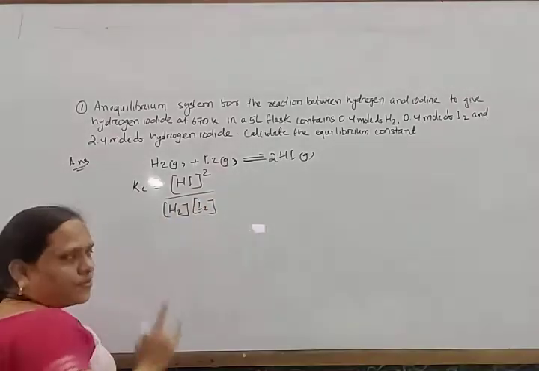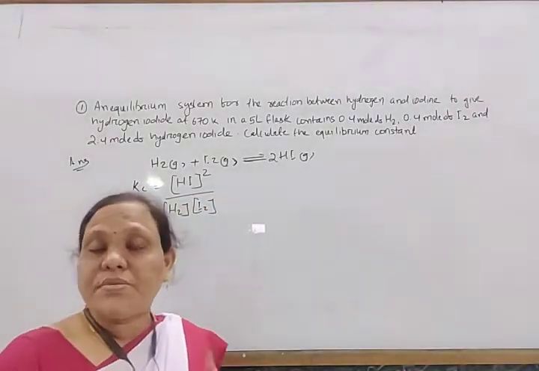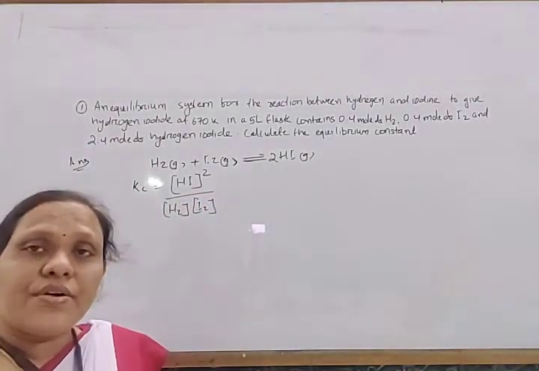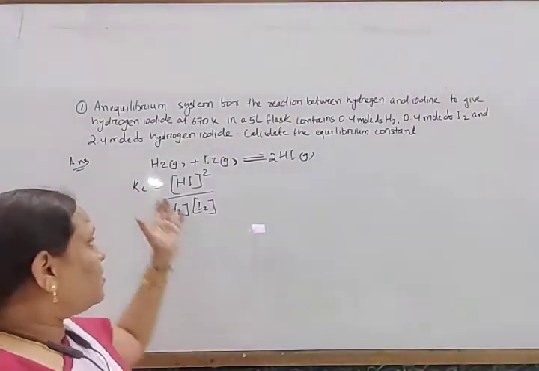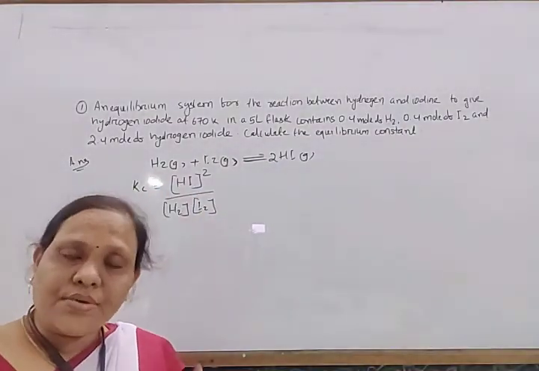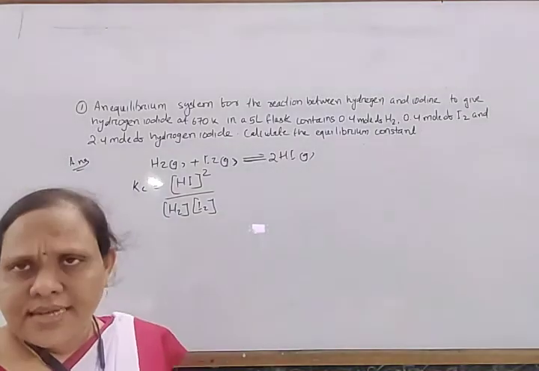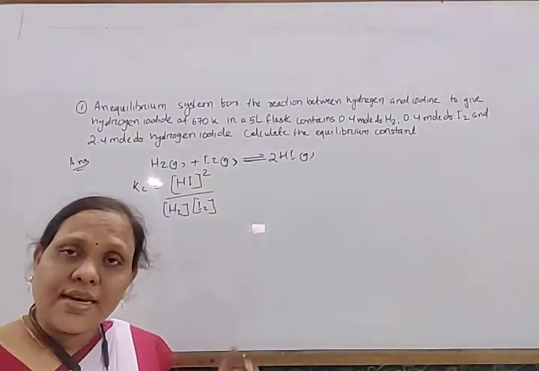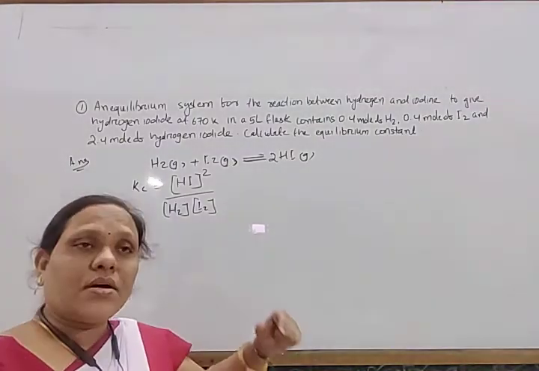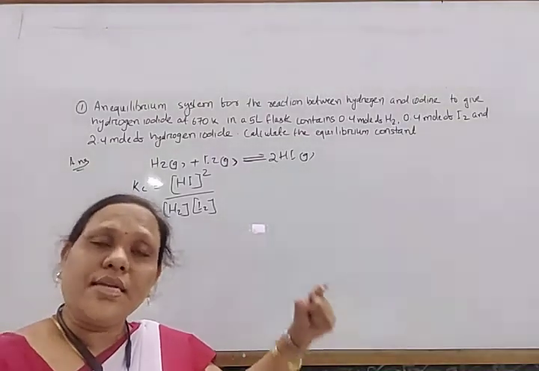Two types of question may be given in this case. Either the concentrations of the reactants and products at equilibrium are given, or the initial concentrations are given. If the initial concentrations are given, then you have to find the concentrations at equilibrium.